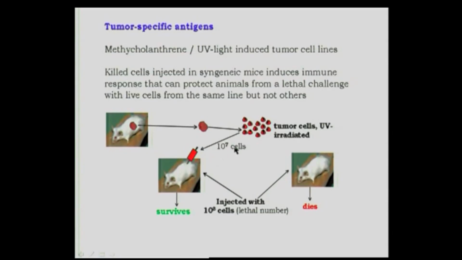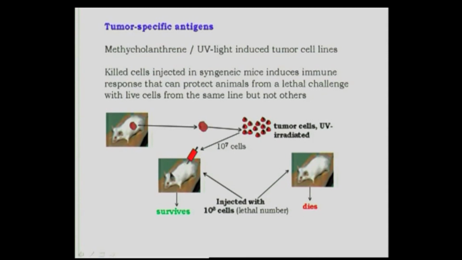So, a healthy mouse is injected with these irradiated tumor cells, a small number, let us say 10 million. A few days later, the same mouse is injected with a lethal number of 100 million cells, and it survives.